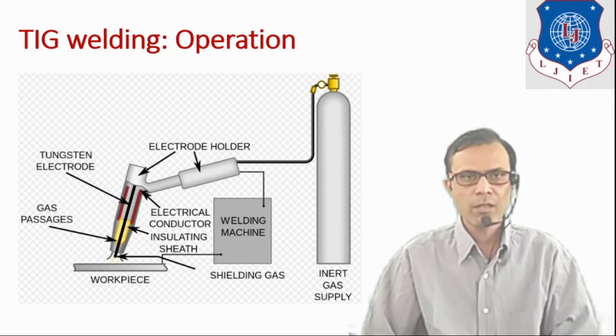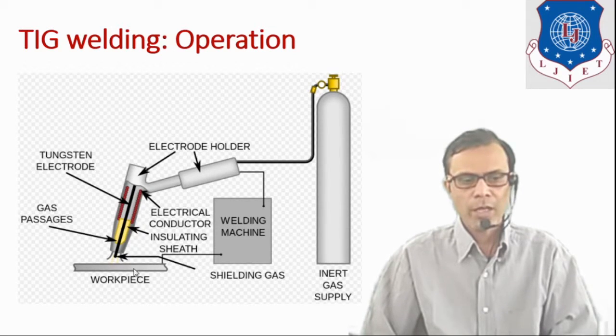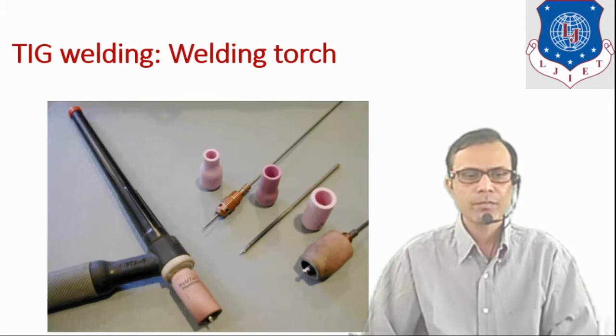So to prevent the production of metal oxide, helium or argon gas is used as the inert gas, as it is not using any flux. Now the welding torch will travel across the welding zone and produce the necessary weld.